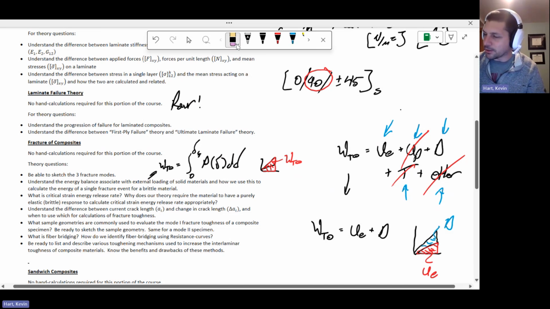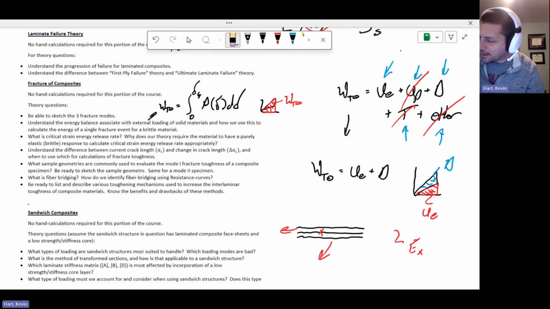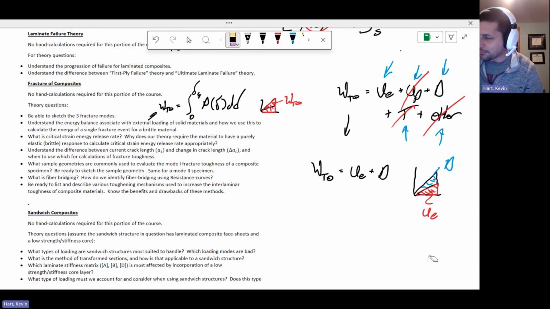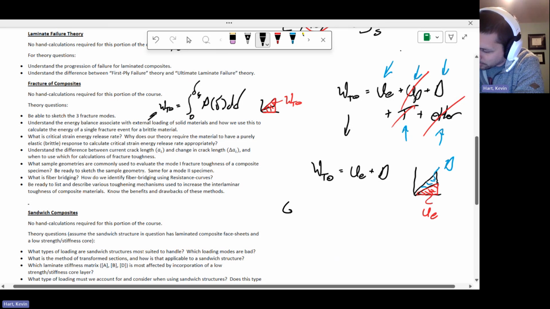How do we use that to calculate critical strain energy release rate? We need that value, and then we normalize it by the area that was created. So the critical strain energy release rate, let's say G1C, is the fracture energy D divided by the area created by your fracture event.